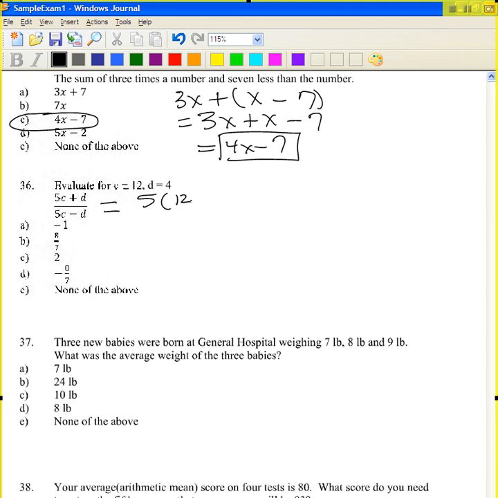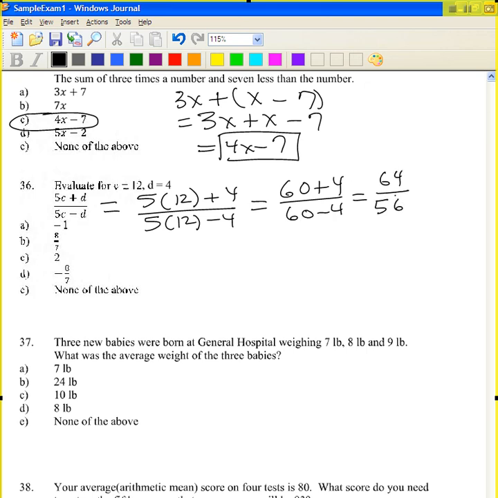So c is 12, d is 4. 5 times 12 is 60, plus 4. 5 times 12 is 60, minus 4. 60 plus 4 is 64. 60 minus 4 is 56. I can divide both the numerator and denominator by 8. And so I get 8 over 7. And so B.